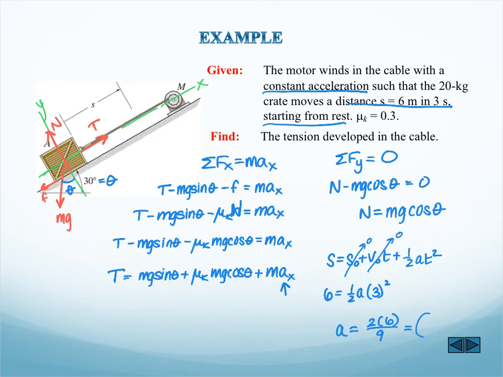And then once I have that number, which I don't have my calculator handy, I can plug it in there and I can figure out what the tension is. Okay? So this is an example of how we might be putting it all together.